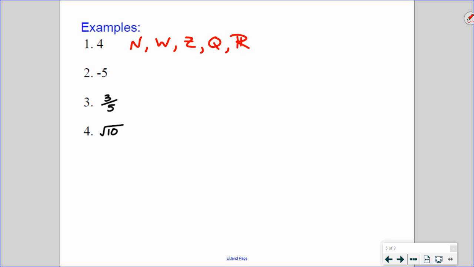Because it's a negative number, it's an integer, which is also rational, which is also real. Okay, 3/5, that's a fraction, that's a rational number, which is also a real number. Square root of 10, that's an irrational number, which is also a real number. So you just want to make sure that you identify all the subsets that this number might fall into.